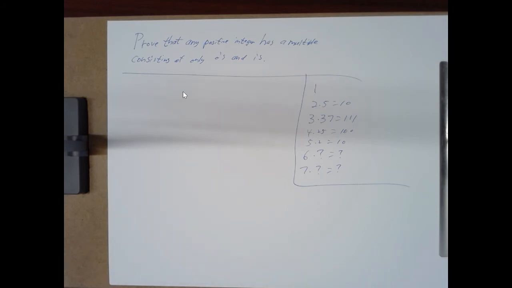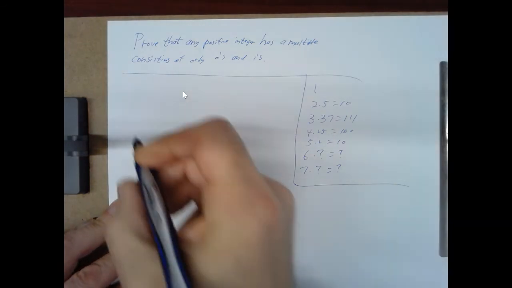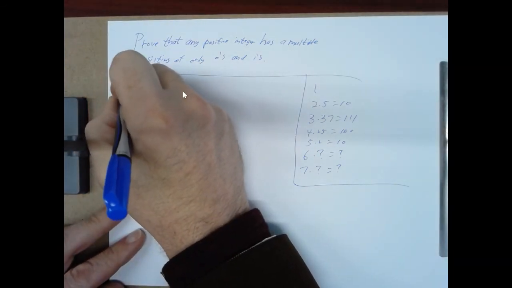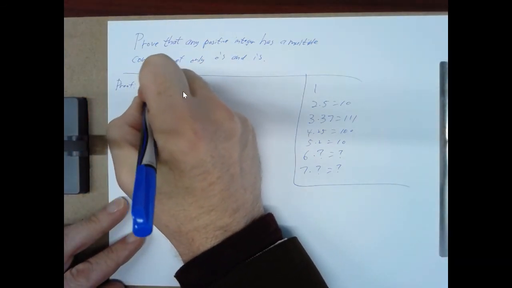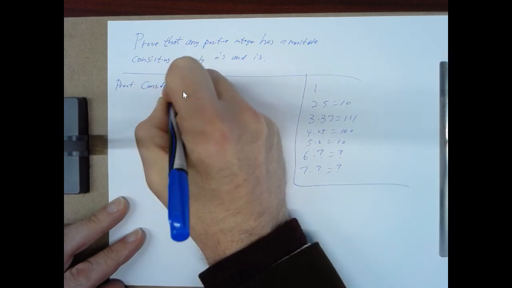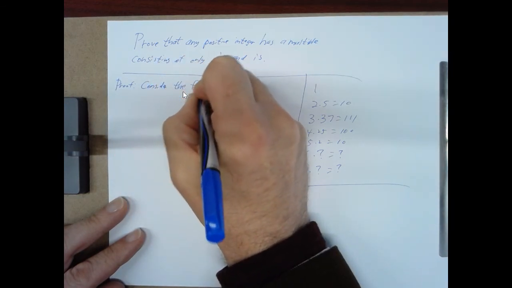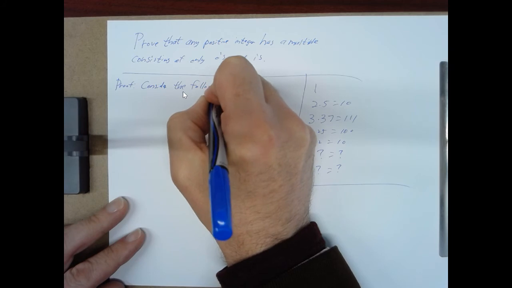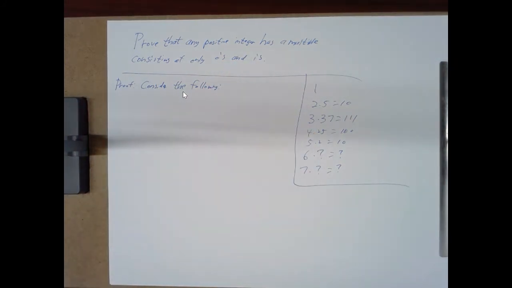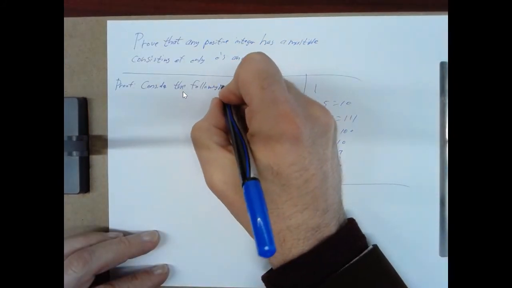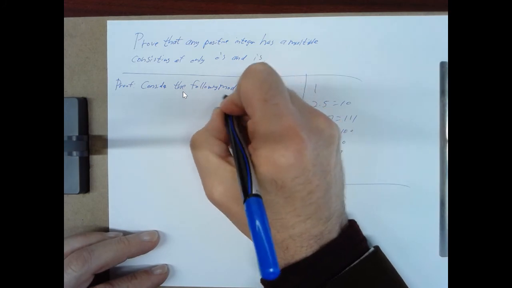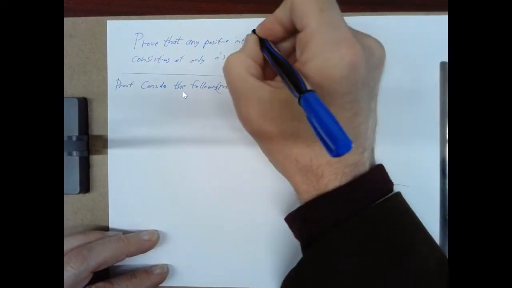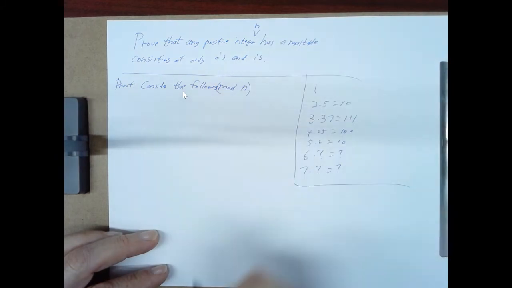So let's see how we can throw the pigeonhole principle at this. So proof. Consider the following numbers modulo n. Let me call our positive integer n.